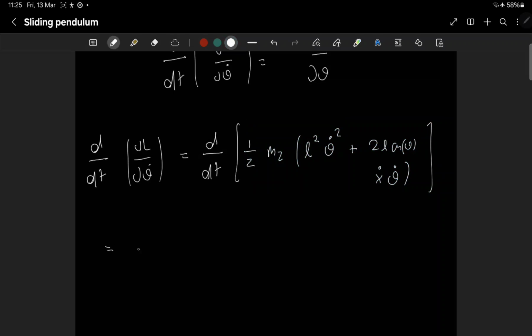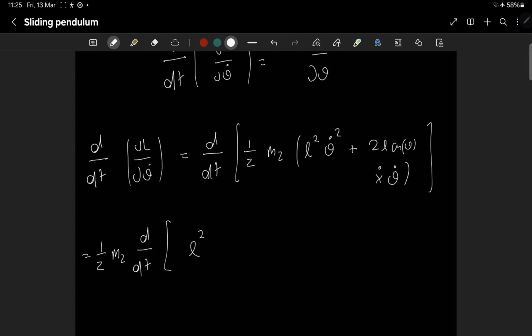So we get that this is equal to d by dt, the half we can take out, half, well, we can also take out the m2, so this is equal to 1/2 m2 d by dt.